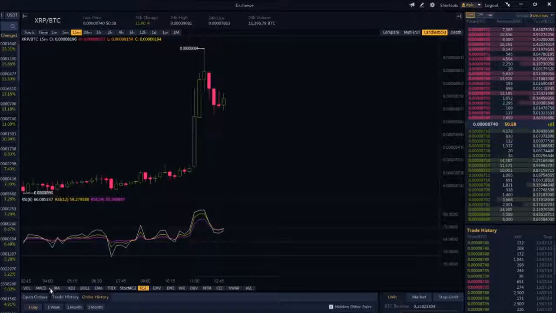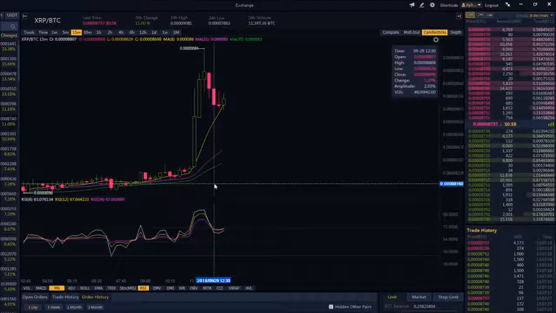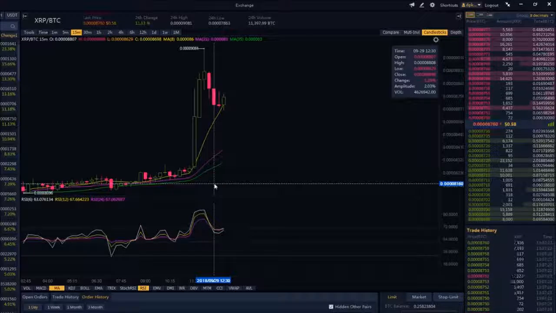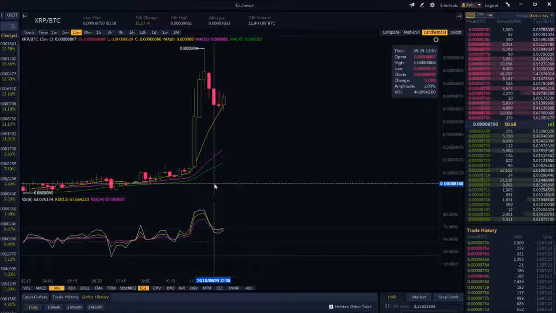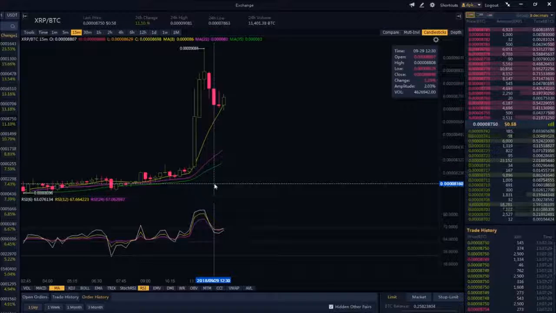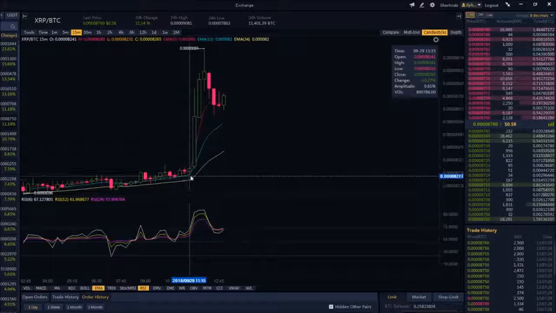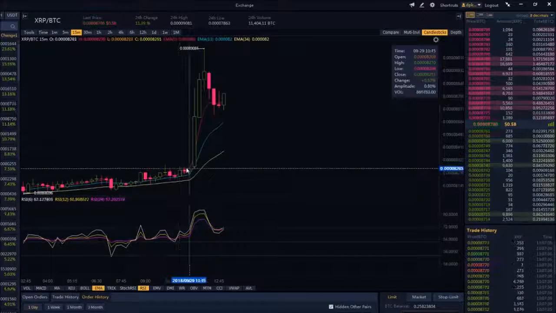So just to summarise, we've got the moving average indicator, which tells us the value of a commodity or an asset over time, and we can see whether it's increasing or decreasing in value over those periods of time. We've got the exponential moving average, which just gives us a more accurate indication of those prices.